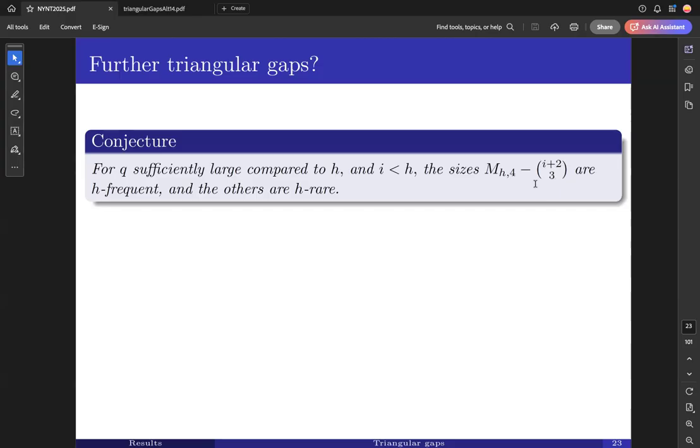And so we look at what the contributions are here or earlier from b sub h minus 1 star and b sub h minus 2 star. And what we see is those contributions are all less than q squared. So we have necessary spikes at every tetrahedral number by lemma 1 parts 1 and 2, and then we see that the gaps in between must be small by lemma 1 part 3.